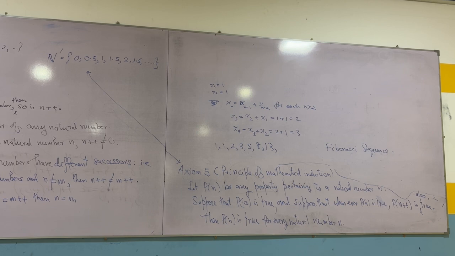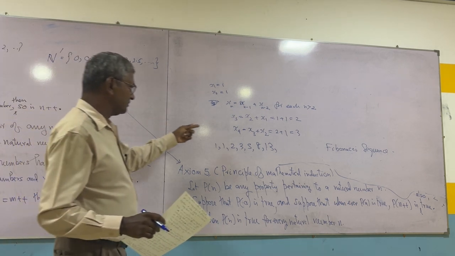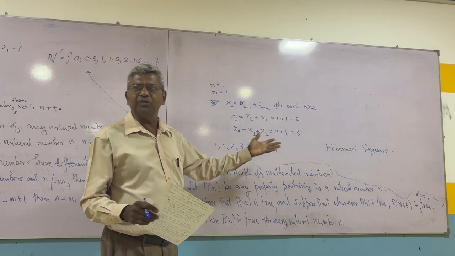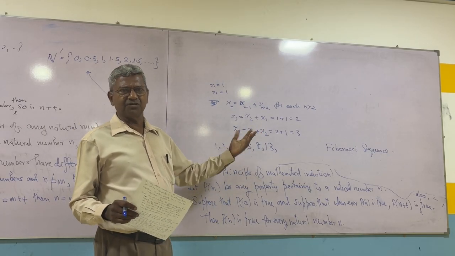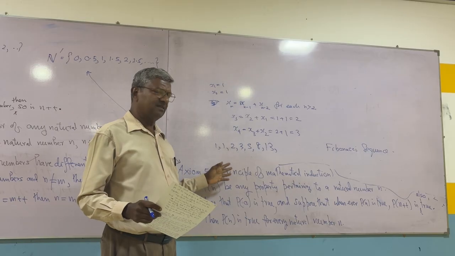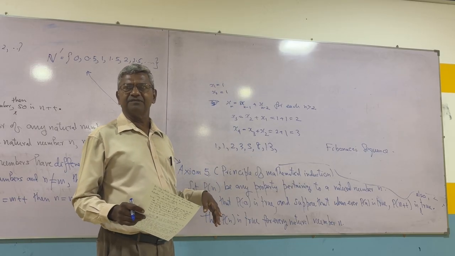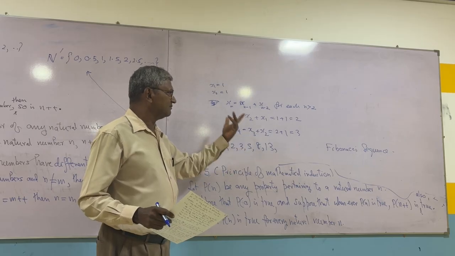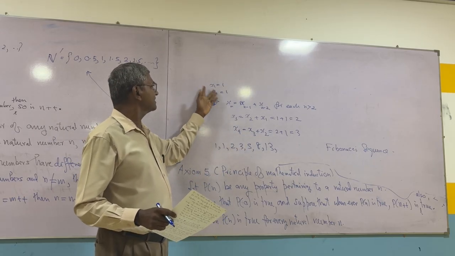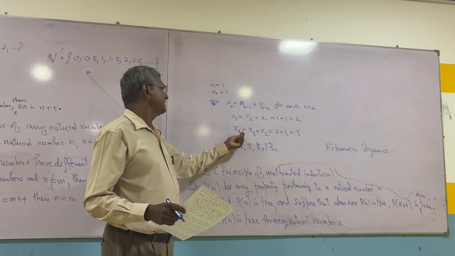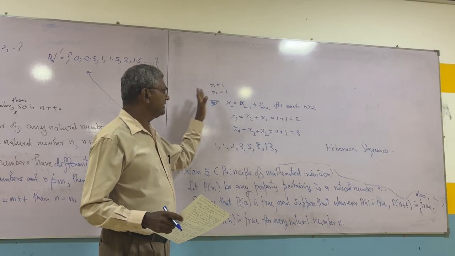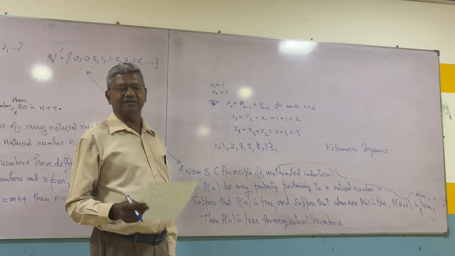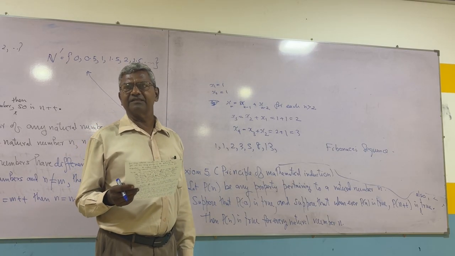Of course, you can prove a formula for xn once you know how to solve difference equations. But quite often we get this kind of definition for a sequence, so we call such a thing a recursive definition.